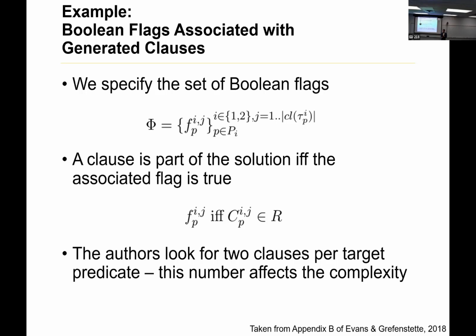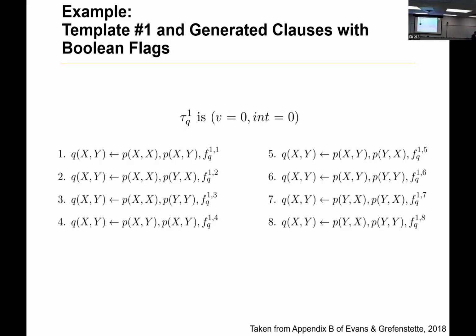And there were some technical reasons as to why they went this way, as opposed to picking a subset like that. So here are your generated clauses with this tacked on. Other thing to note, the authors only allow 1 or 2 atoms in the body of each rule. Again, this is due to complexity.